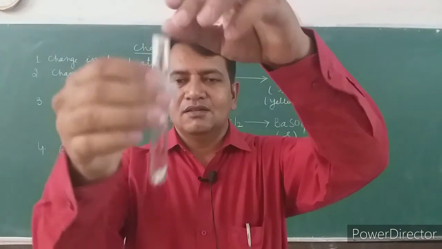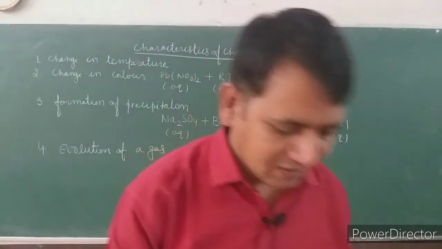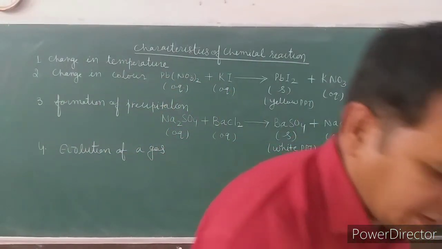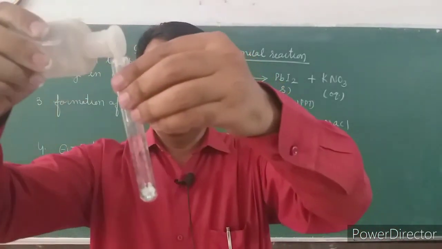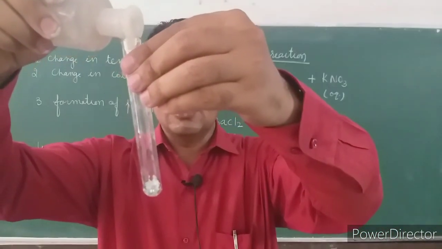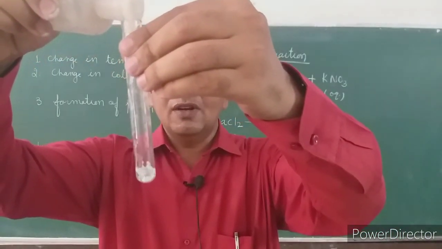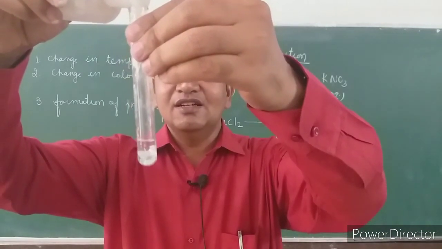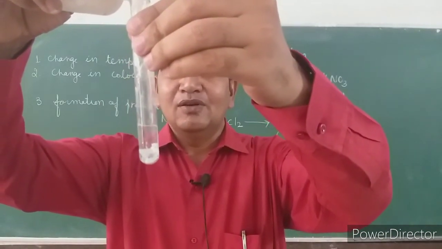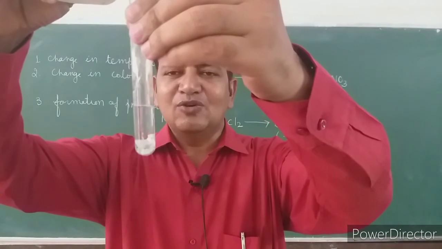I add this zinc metal to this test tube and slowly add dilute sulfuric acid. What is the meaning of dilute?